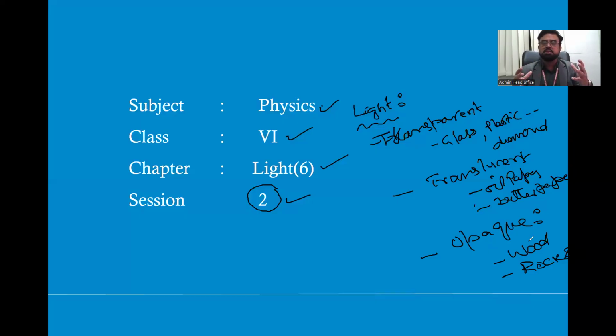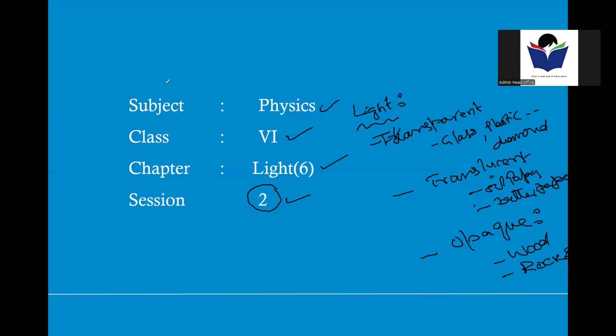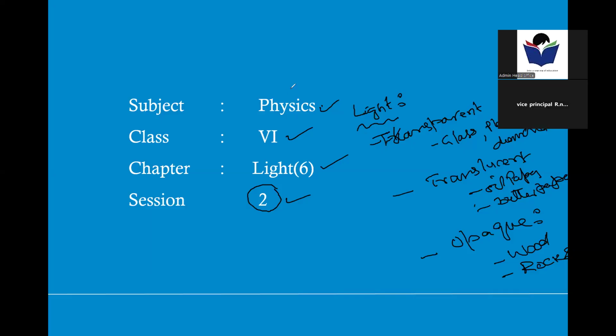So, materials, depending on how they behave in the presence of light, are classified into transparent substances, translucent substances, or opaque substances.